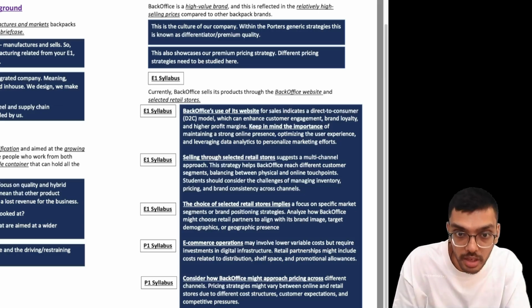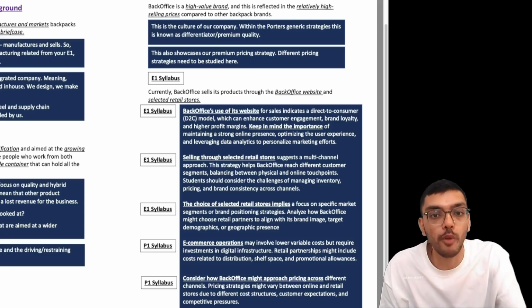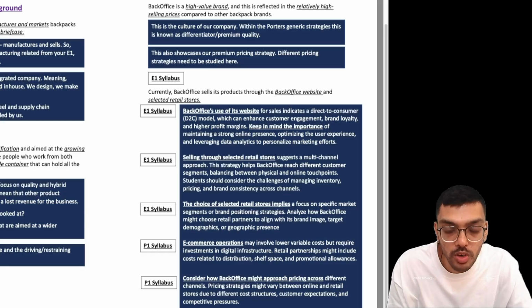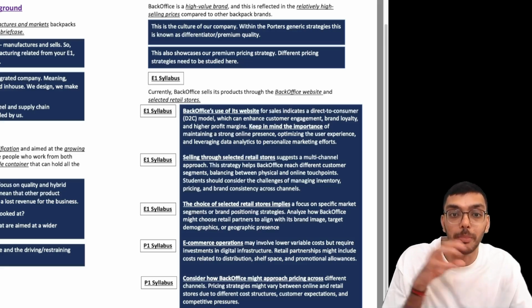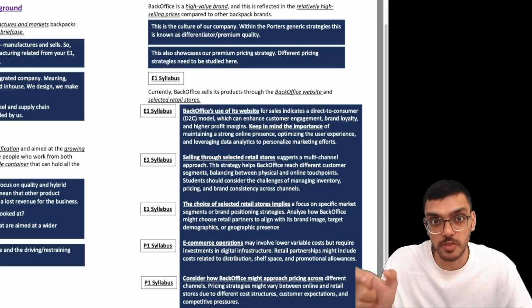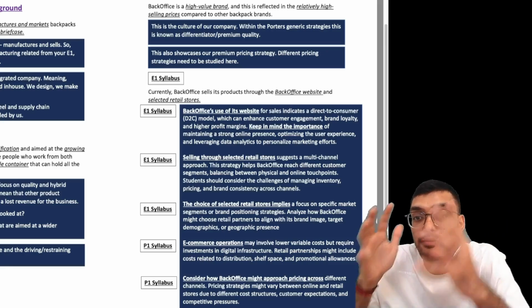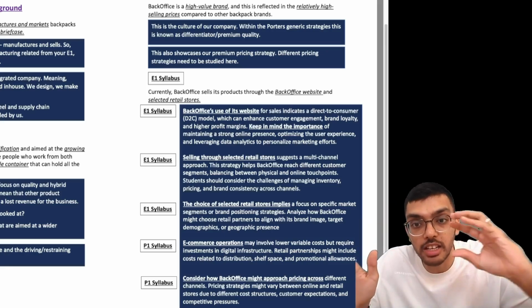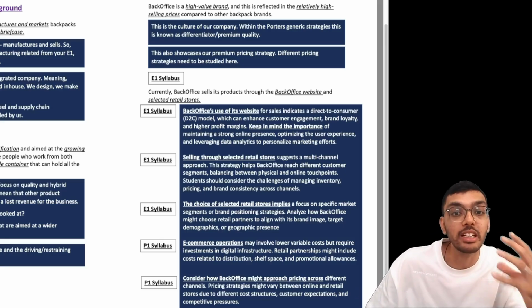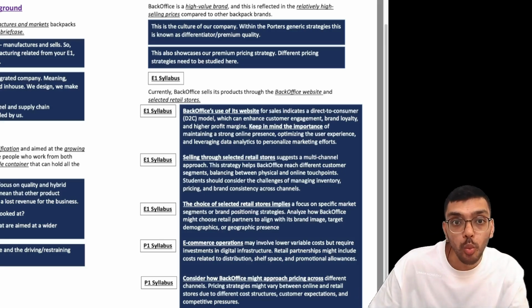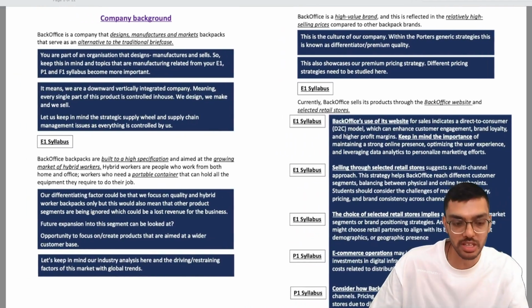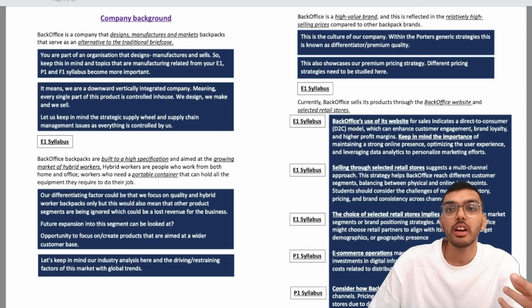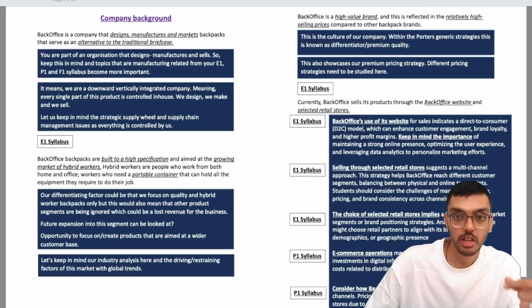Again, E1 syllabus. The choice of selected retail stores implies a focus on specific market segments or brand positioning strategies. So your branding is being given importance. Remember, you are a high value brand. So branding is going to remain at the center. So you see, just from this one line, we have broken down so much in the pre-seen, giving you so many different ideas.